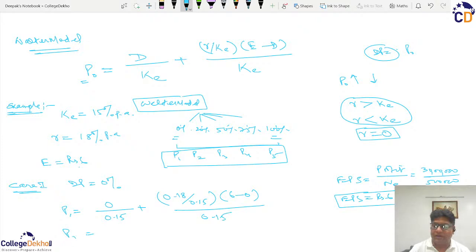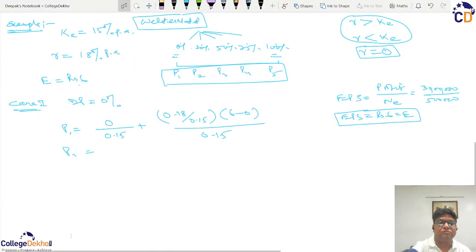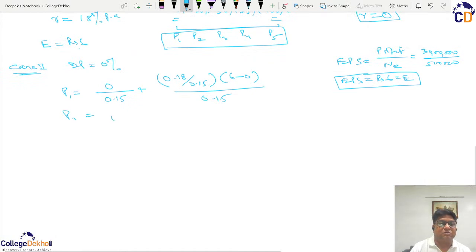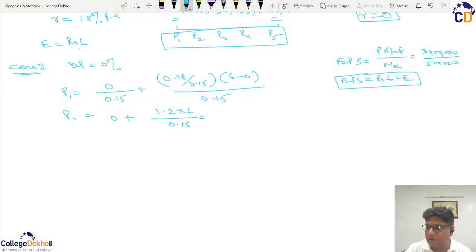If we solve it, this is 0 plus 0.18 divided by 0.15, which comes out to be 1.2, multiplied by 6, that is 7.2 upon 0.15. That will come out to be 48 rupees. So P1 will be 48 rupees.